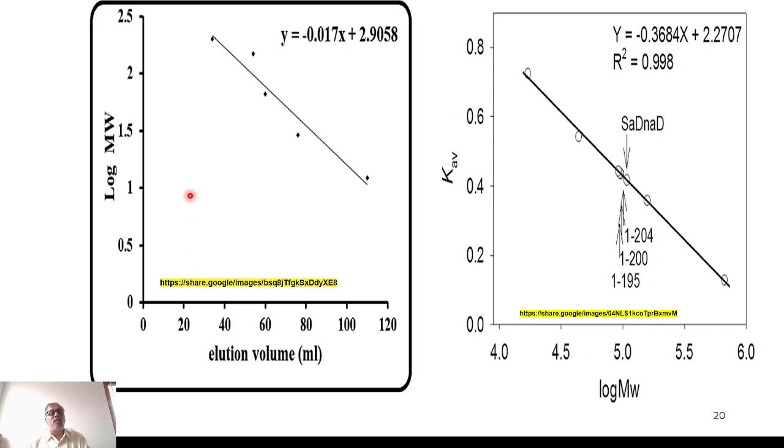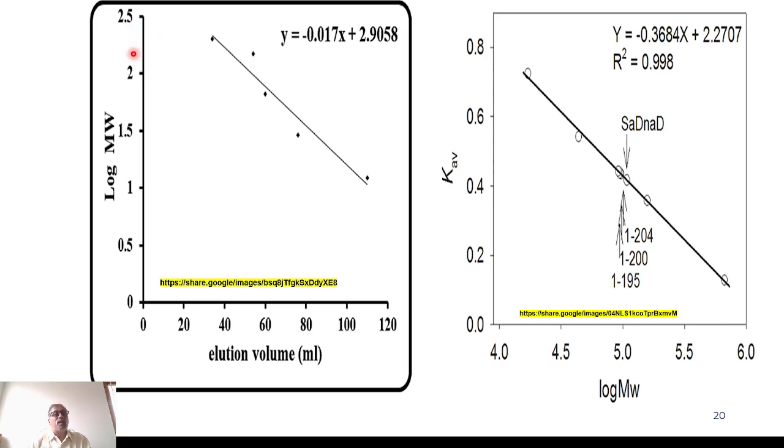So high molecular weight molecules will have only less elution volume, right? Whereas when molecules enter into the gel, the inner portion of the gel is interacting with the molecule through hydrogen bonding or ionic interaction or hydrophobic interaction, based upon the type of gel you have used. So you have to use a large quantity of mobile phase or eluent to disconnect the interactions between the gel and the molecules.